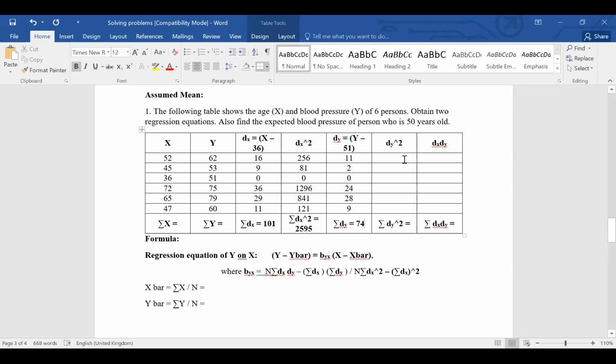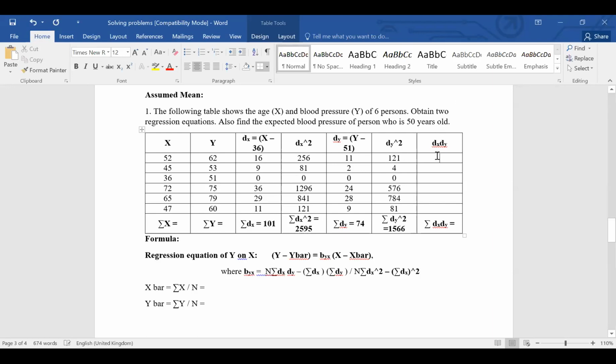Now dy square: 121 and 4, 0, 24 into 24, it is 576, and 28 into 28, 784. And 81. Now what is the summation of this? 1566. Okay, fine, good.